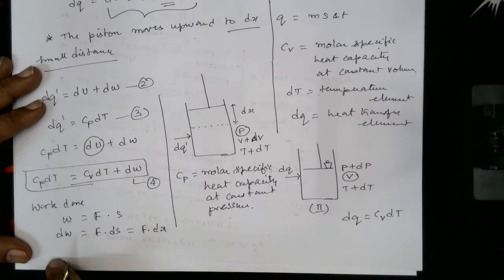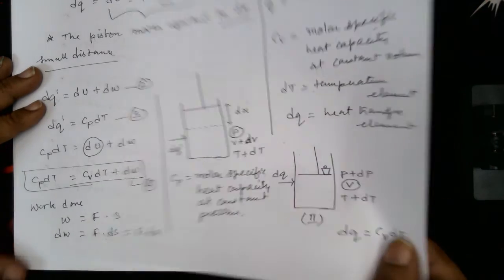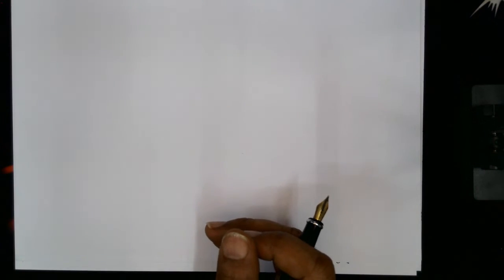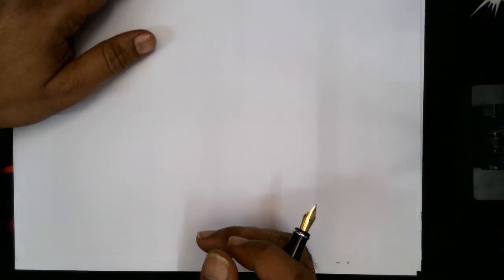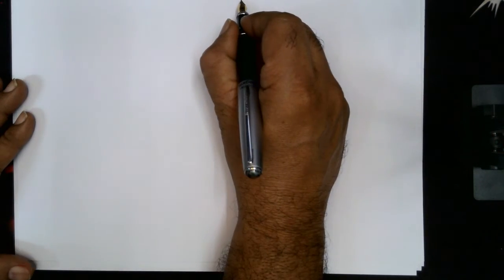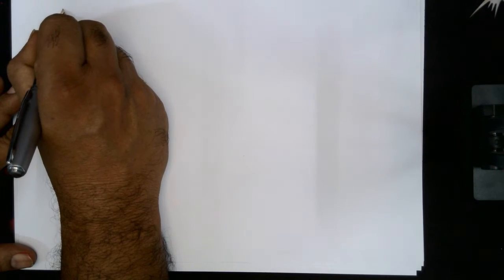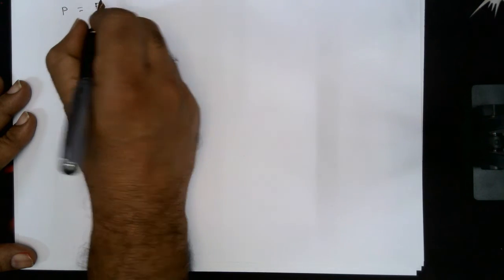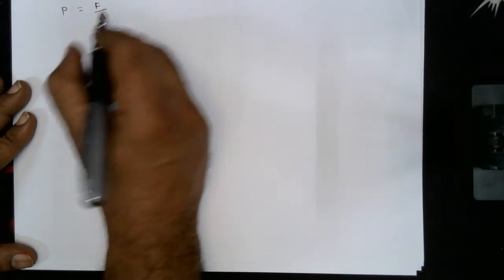So what is my work here? dw is equal to force into displacement. Got it? Next. Now we know pressure is equal to force by area.